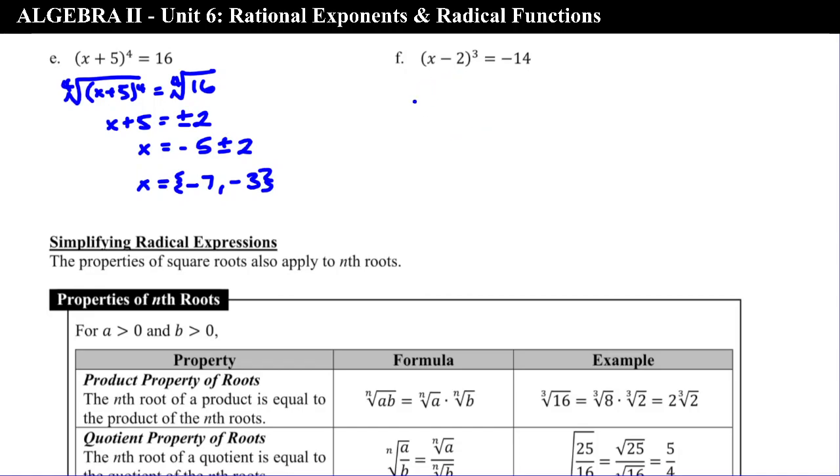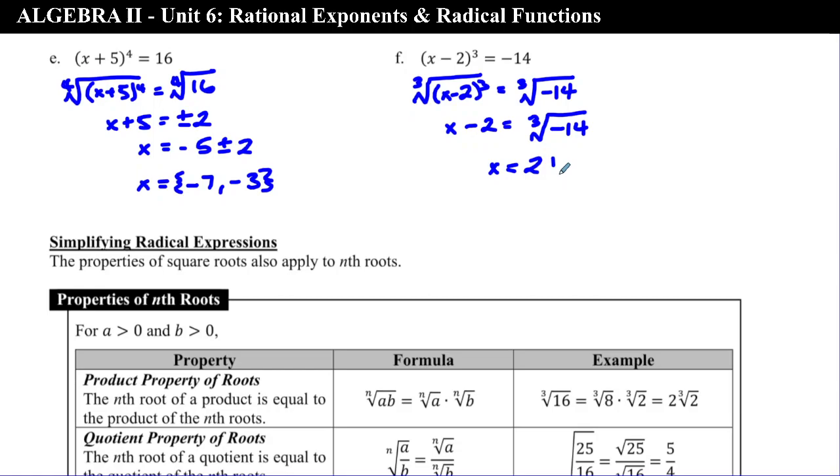On F, we're going to take the third root of x minus 2 to the third, and we'll do that to the other side. The third root of negative 14 is going to give us one negative answer, but we don't know what that is right offhand because the third root of 14 does not come out even. So we'll go ahead and just solve for x.